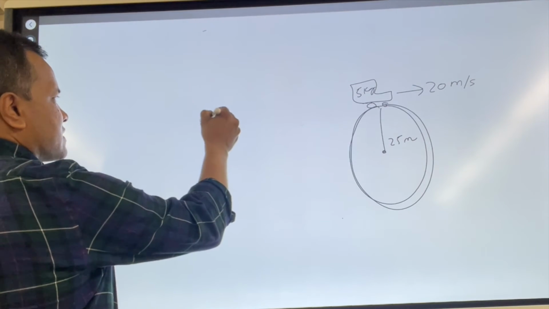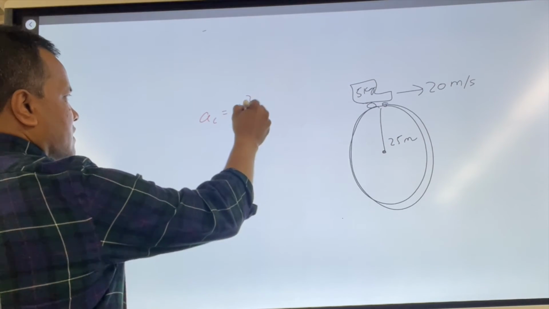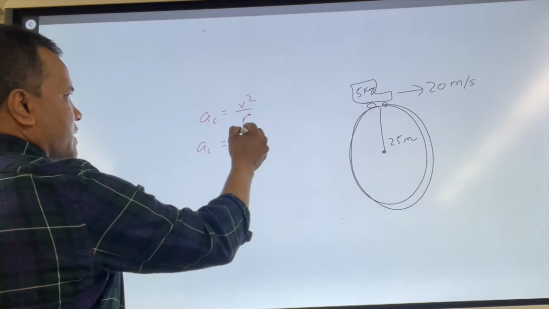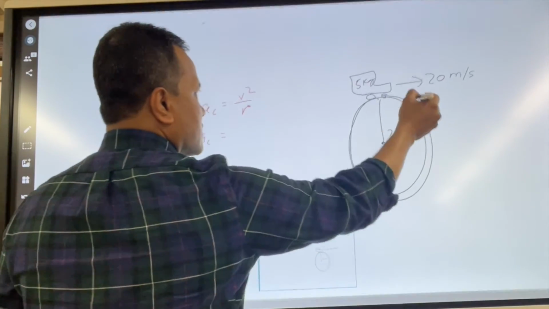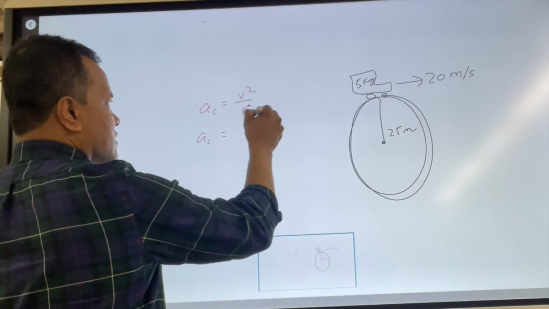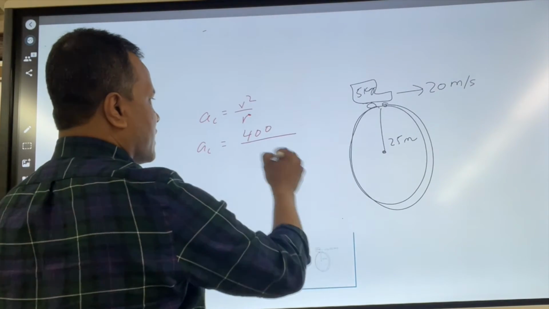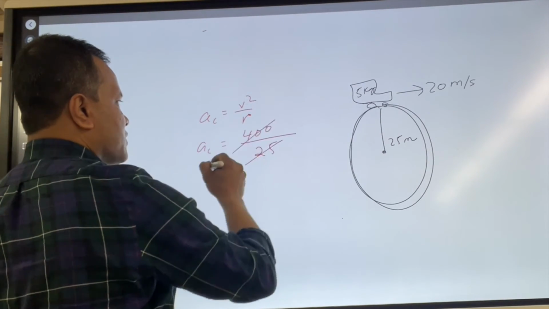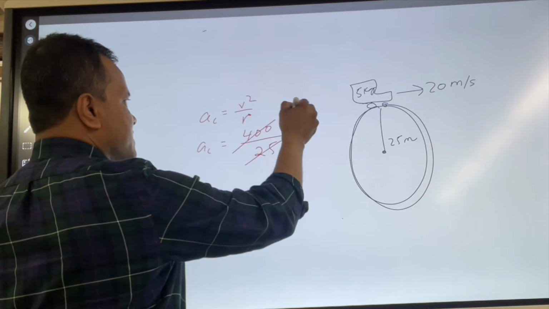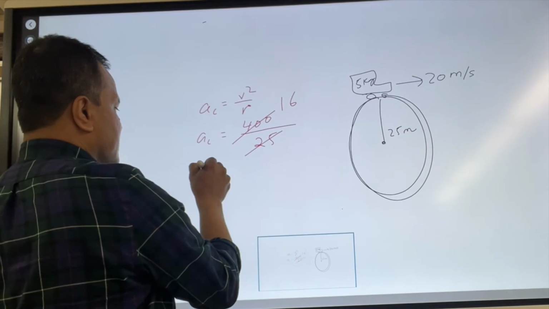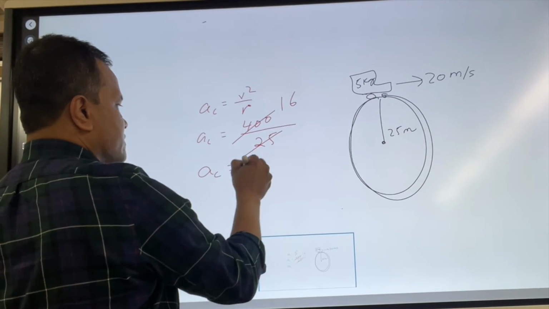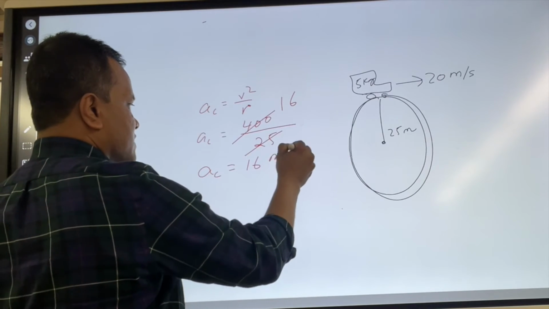So centripetal acceleration would be v squared over r. So v squared would be 20 squared, which would be 400. And r would be 25. So 25 goes into 400 16 times. So centripetal acceleration would be 16 meters per second squared.